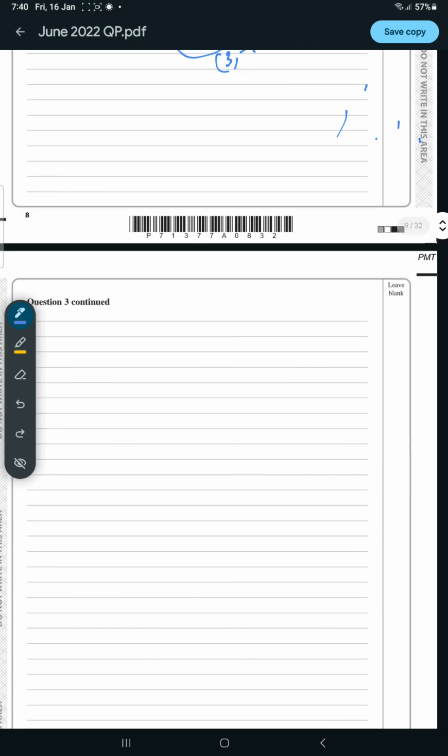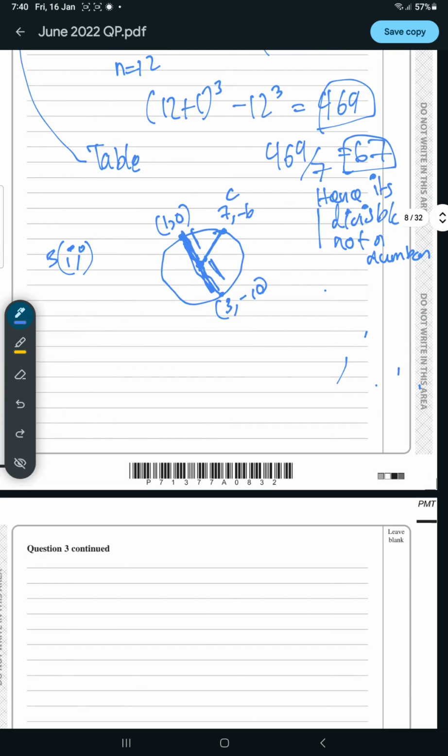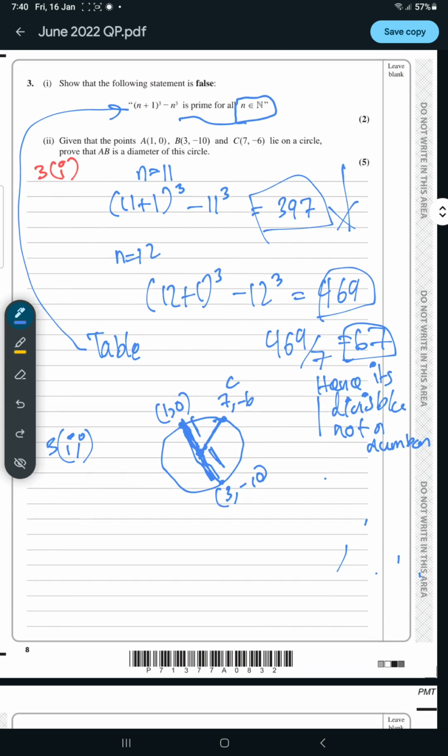So step number 1 is to find the midpoint of AB. So this is (x1, y1), (x2, y2). You need to use the midpoint formula, which is (x1 plus x2) divided by 2, and (y1 plus y2) divided by 2.